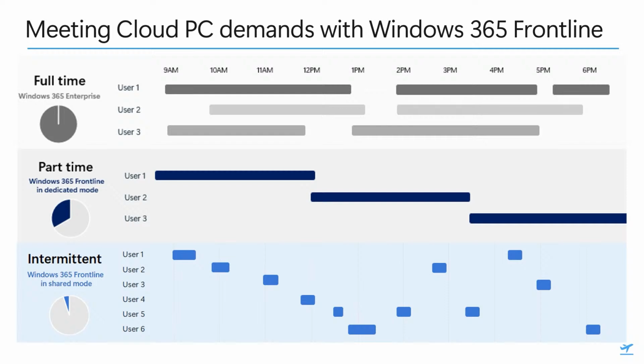An example of that is a medical assistant at a hospital logging in vitals, or a retail store worker in the back office checking inventory. For a lot of these users, they're actually only using the device when they need to complete a specific task. And so that was our next target, where we started building Windows 365 Frontline in shared mode. And Windows 365 Frontline in shared mode will be the focus of this presentation. And it's the new set of users that we are targeting with Windows 365 Frontline.